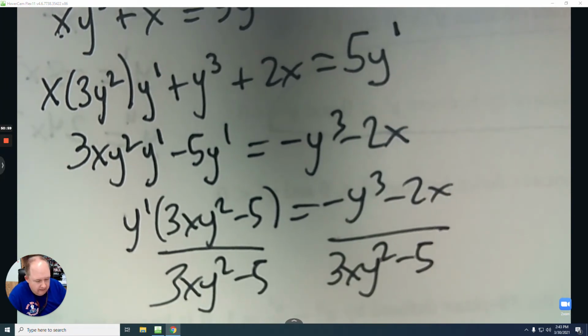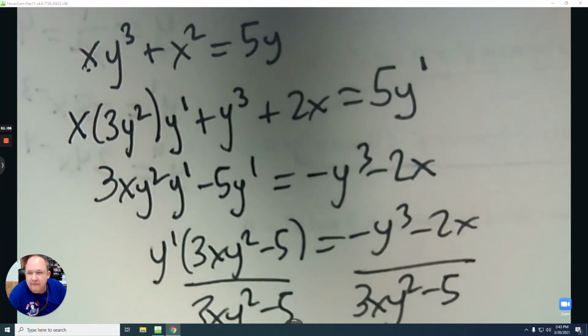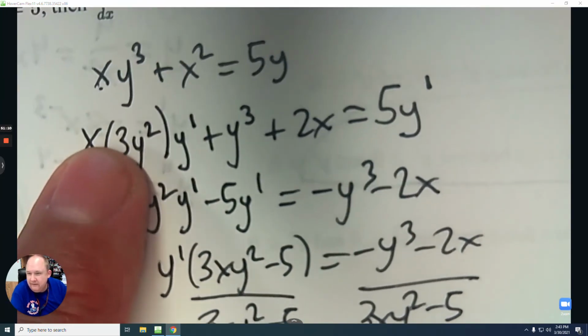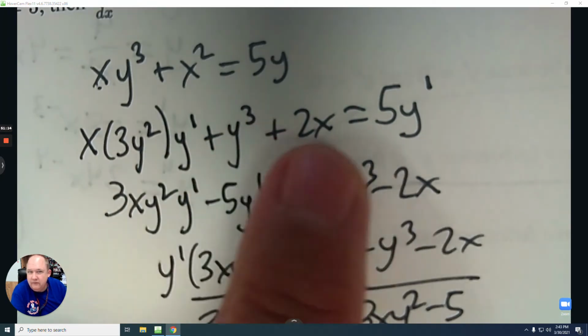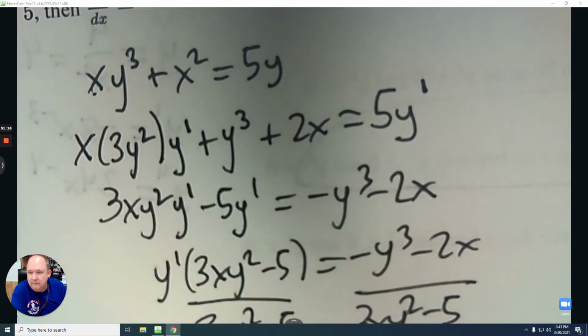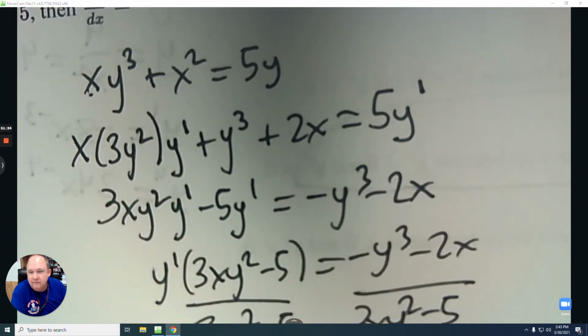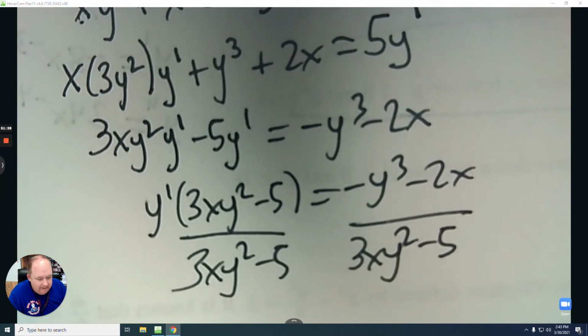Sure I did it right. The first times the derivative of the second plus the second times the derivative of the first, 2x, 5y prime. I don't see the answer that's matching it. So that would be the answer that I have.